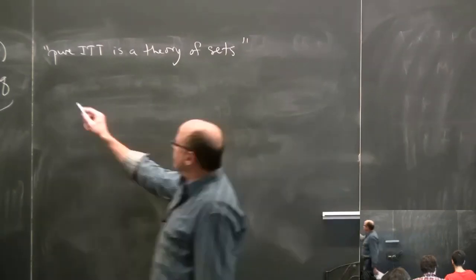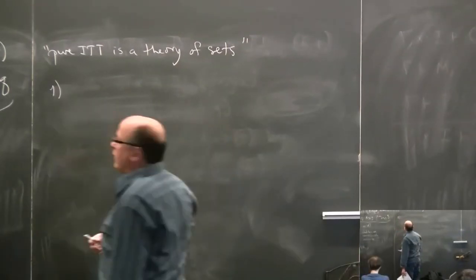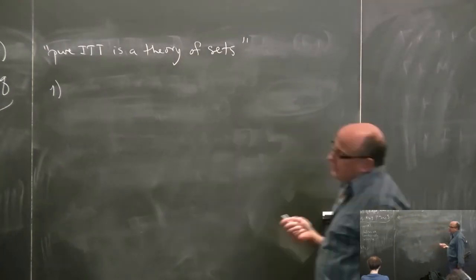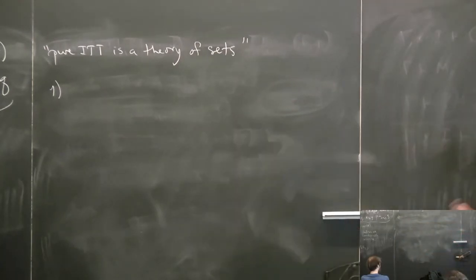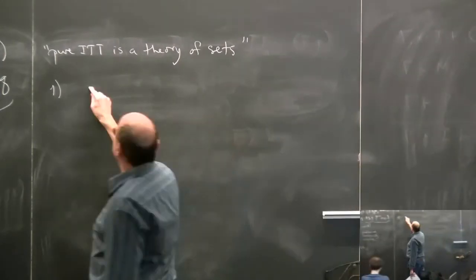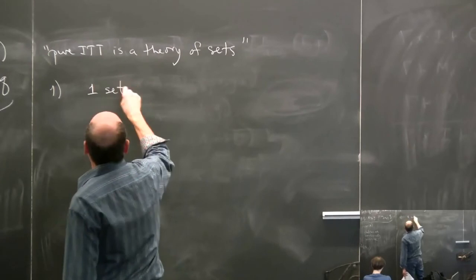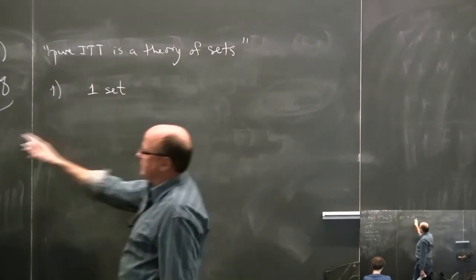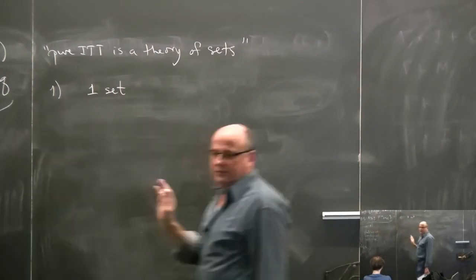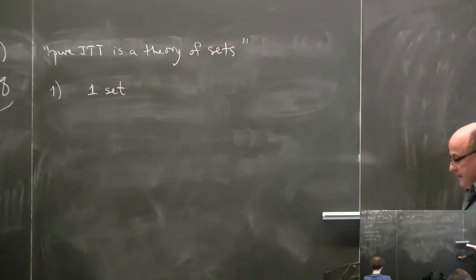You'll see what I mean in a minute. A better way to say it is, all of the constructs of ITT preserve the property of being a set. So, for example, I can say 1 is a set. Let me just write 1 as a set to mean is set of 1.